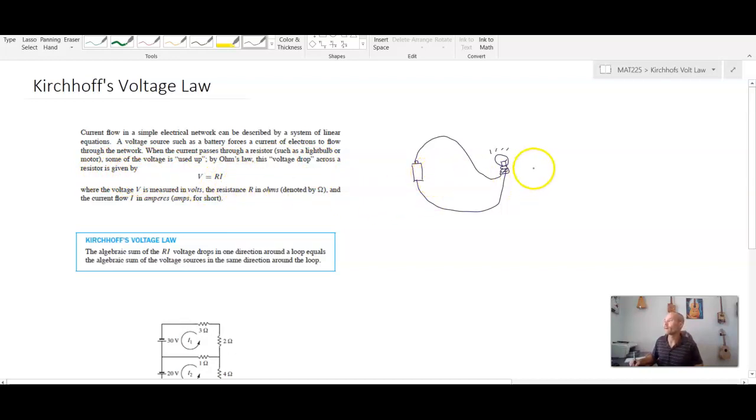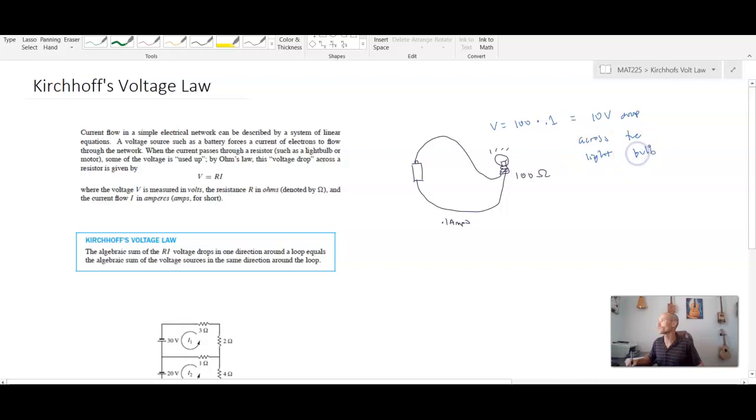So if this had something like 0.1 amps of current, just as an example, and this had a resistance of 100 ohms, then the voltage drop across this light bulb would be V equals Ri. The resistance is 100 ohms multiplied by the current traveling through that circuit. So we would have a 10 volt drop across the light bulb.